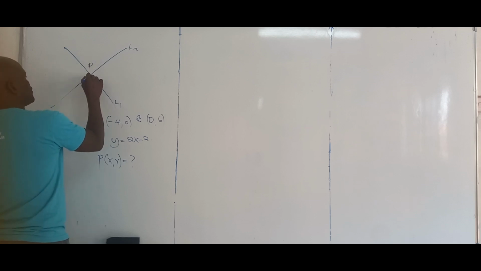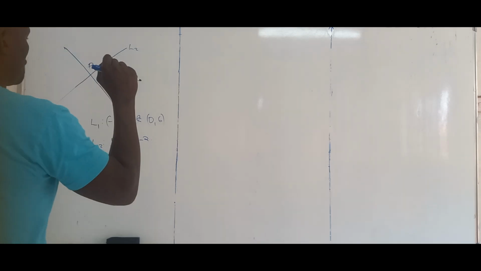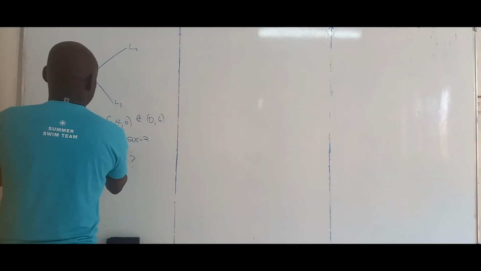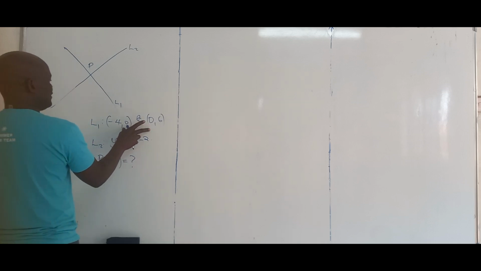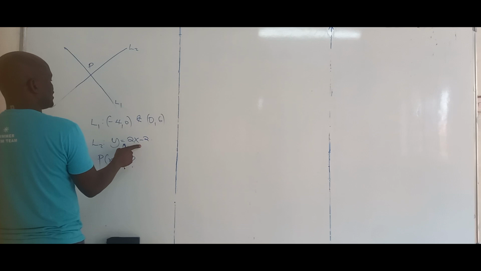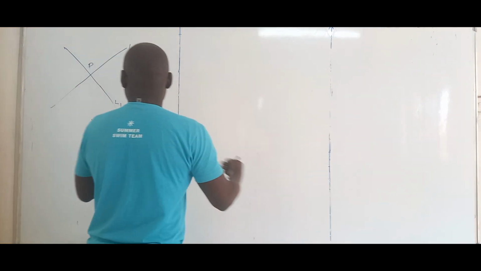In other words, we want the coordinates at that point of intersection. I have this line that's already specified. Then I need to define this line. Once I define it, I equate it to this line and solve simultaneously to get the value of x and y.